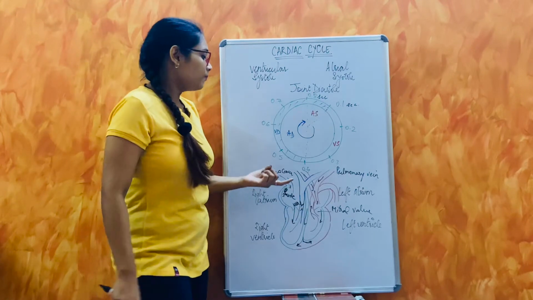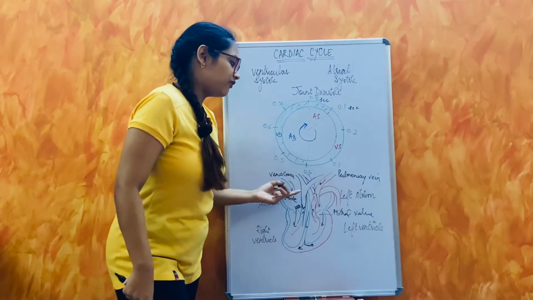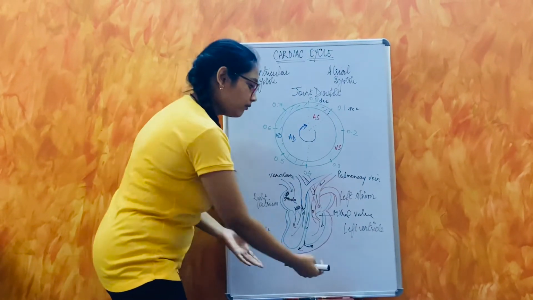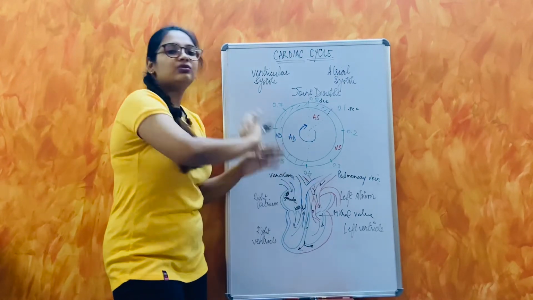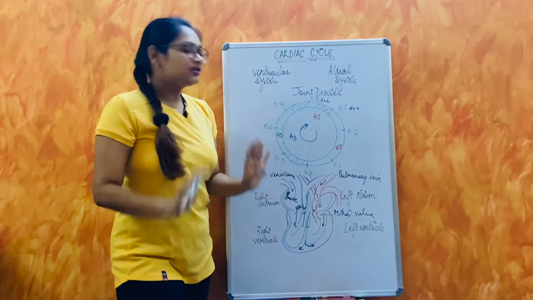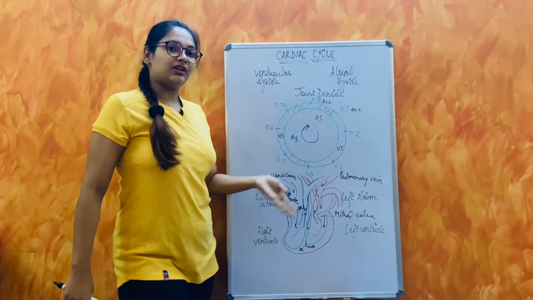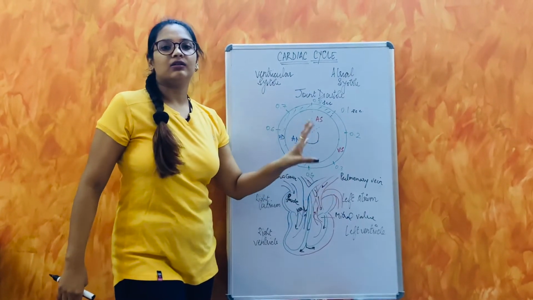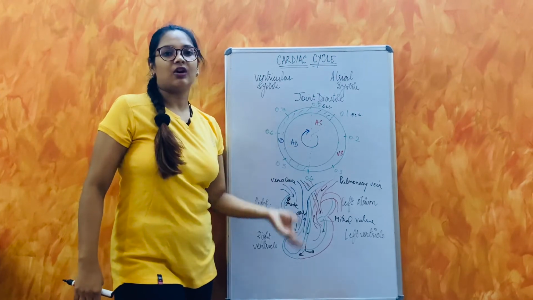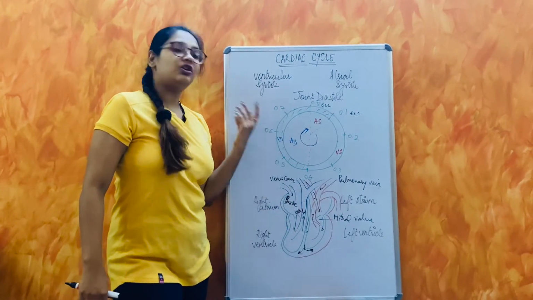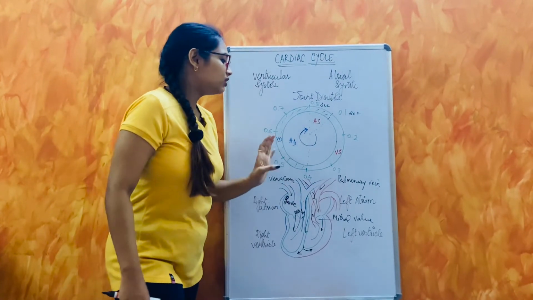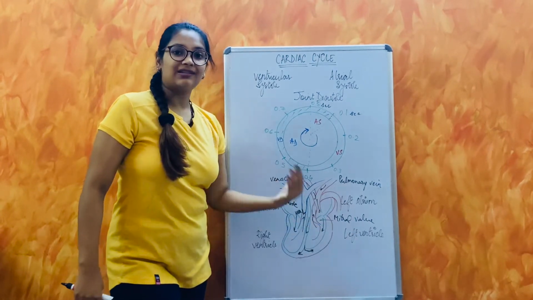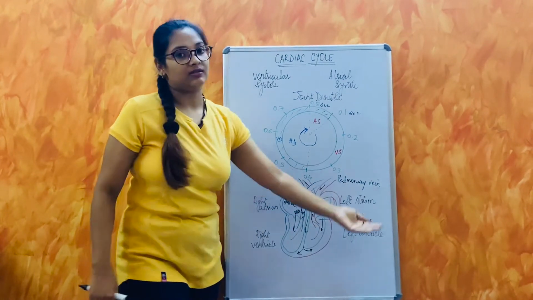So the pulmonary artery, as we know, takes the deoxygenated blood from the heart to the lungs, and the aorta takes the oxygenated blood from the heart to the rest of the body.